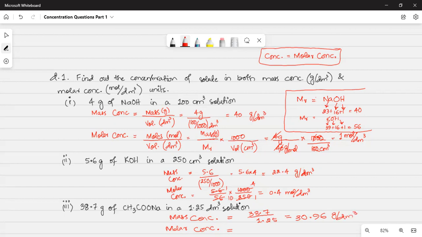And for molar concentration, what Mr did you calculate for CH3COONa? Sir, 82. Okay, let's see it again. That was 12 plus 3 plus 12 plus 16 two times, or you can add 16 twice, plus 23. And the whole came out to be 82.